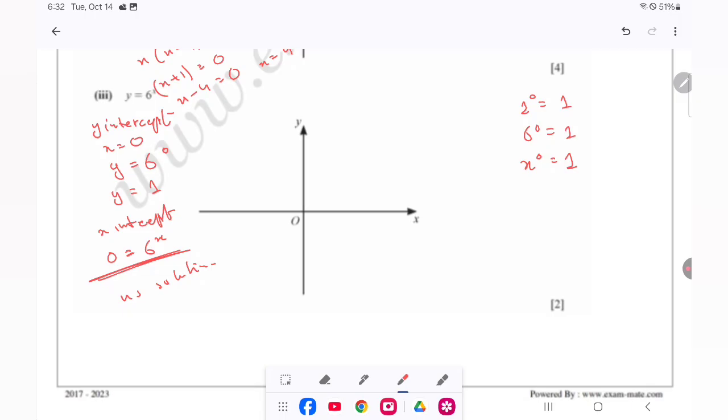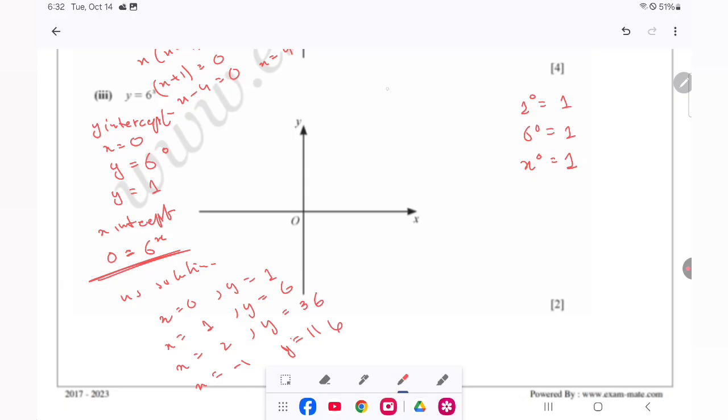Now for x 0, y is equal to 1, x is equal to 1, y is equal to 6 and x is equal to 2, y is equal to 36 and so on. x is equal to negative 1, y is equal to 1 over 6.